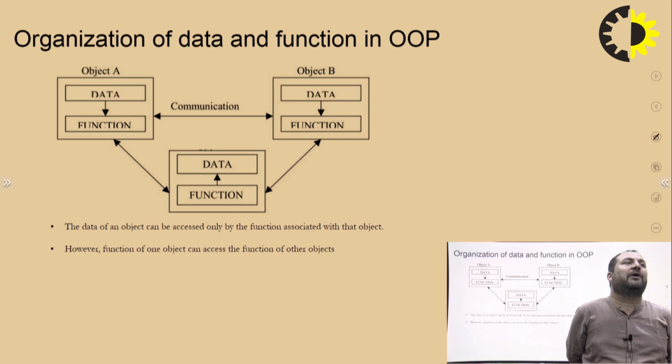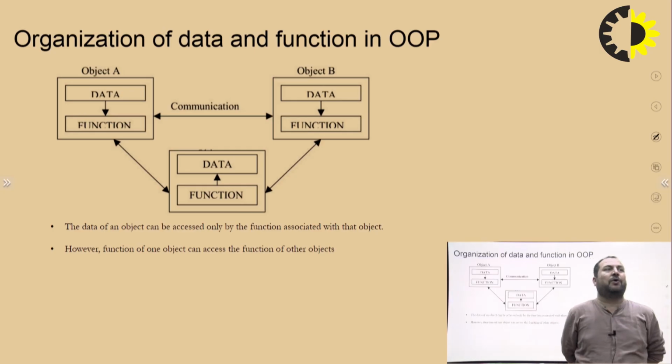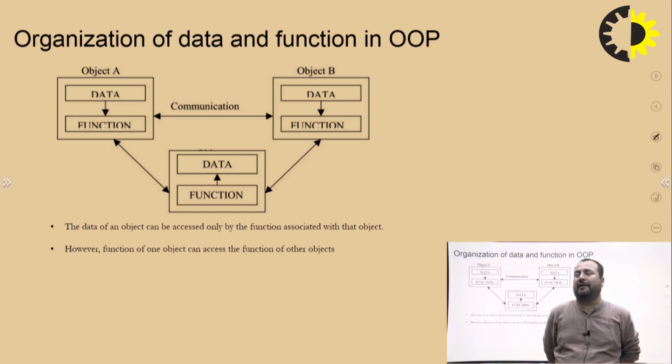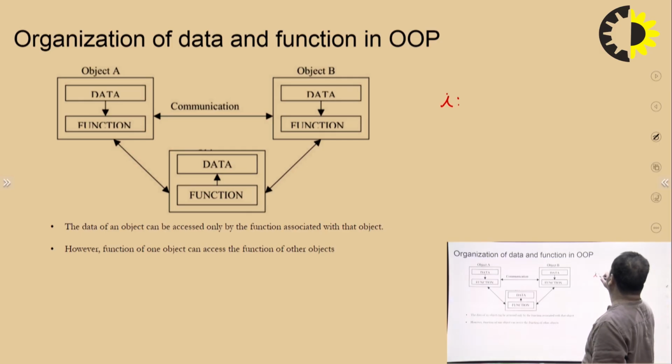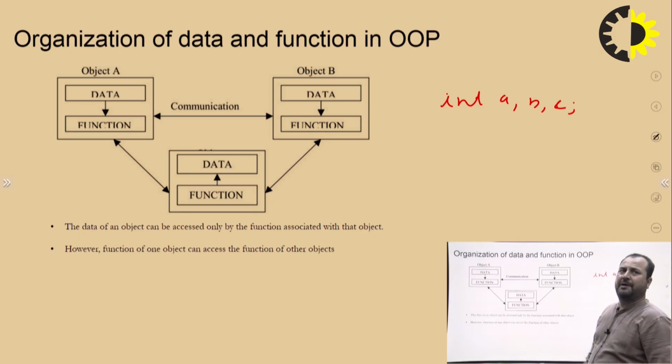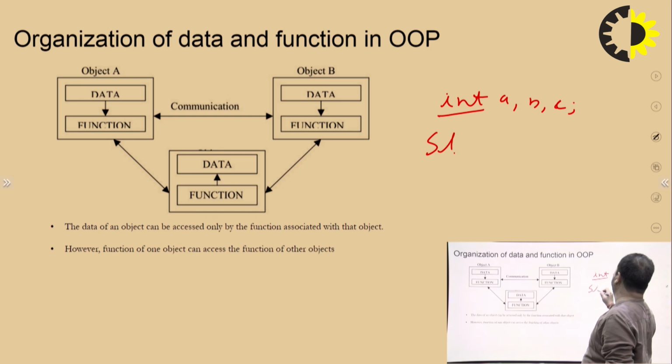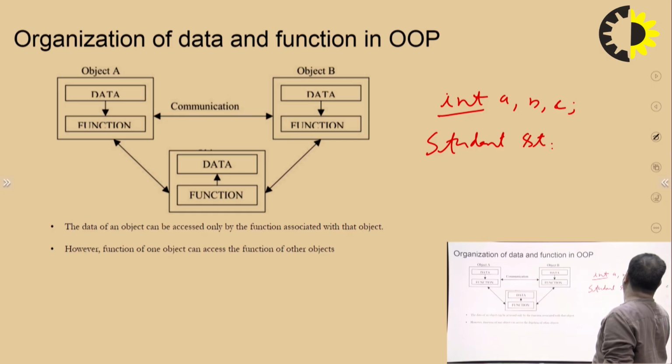So, we can see in this diagram that objects communicate with each other, right. So, what is an object basically? An object is a variable of type class, okay. Suppose we write int ABC. So, ABC is what? This is a variable of type integer. Similarly, suppose we create a class, say student, and we create variables st1, st2, st3 and so on.